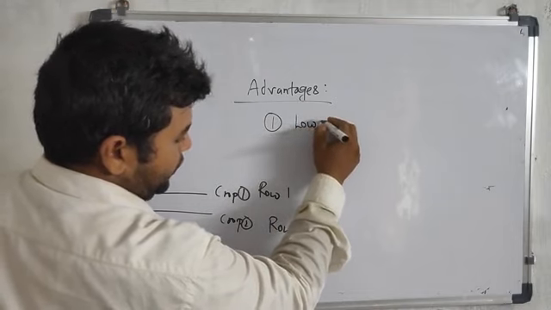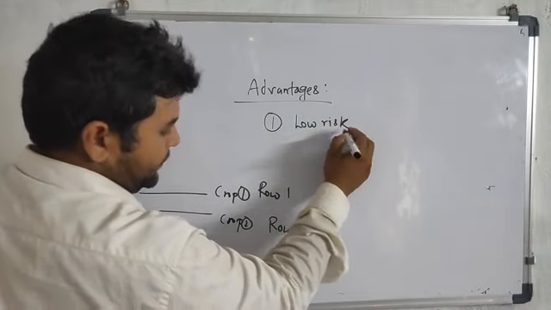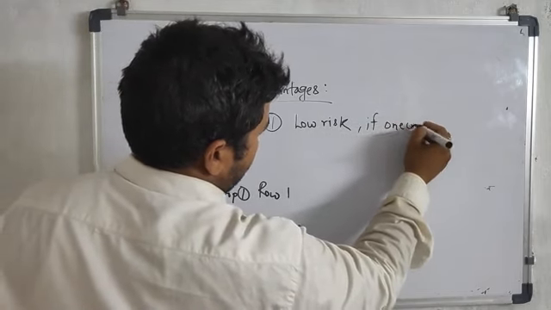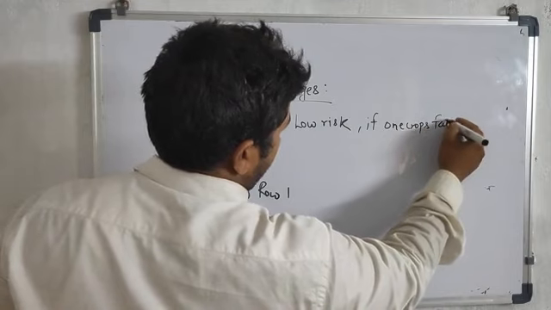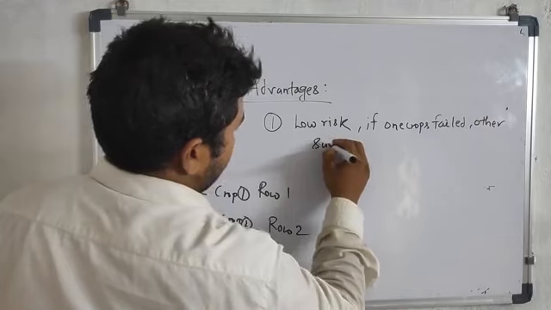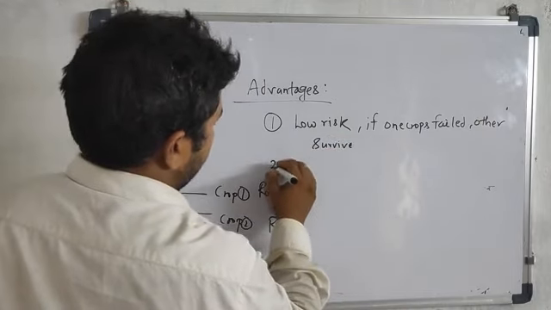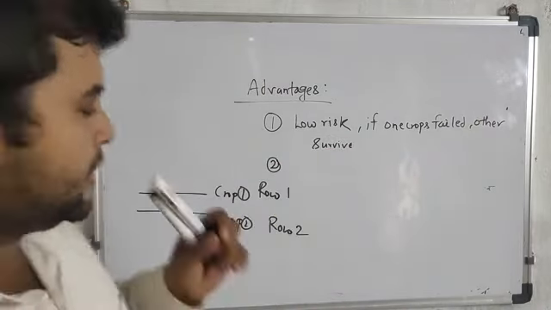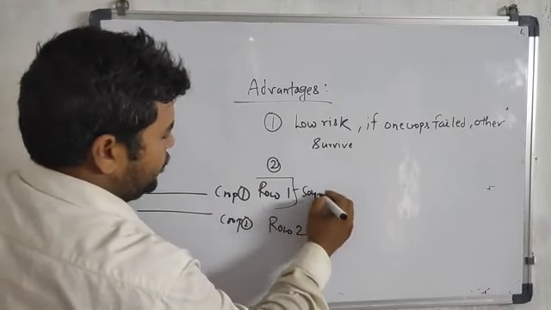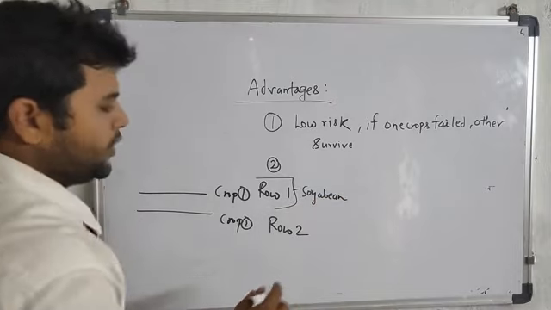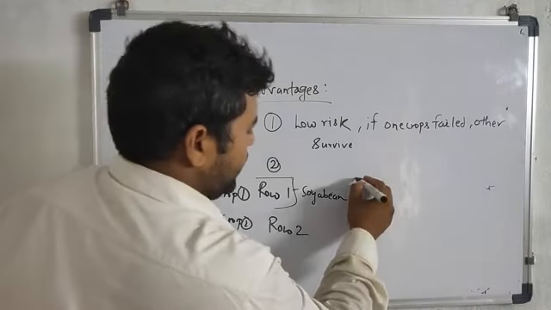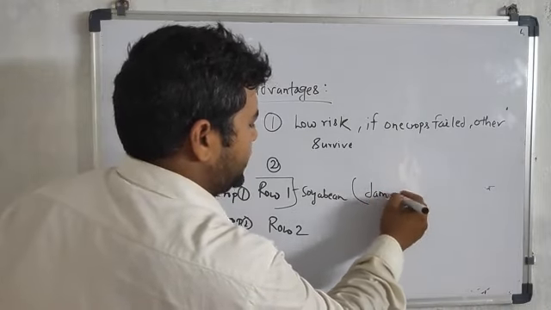So the first advantage is that there will be low risk: if one crop fails, the other survives. Then the second one: suppose a particular disease related to the soybean is spread all over the soybean, so the soybean gets damaged.